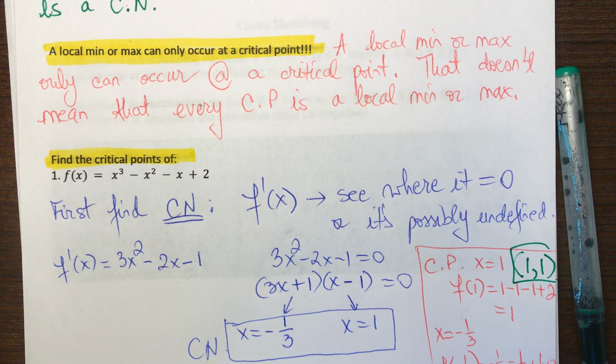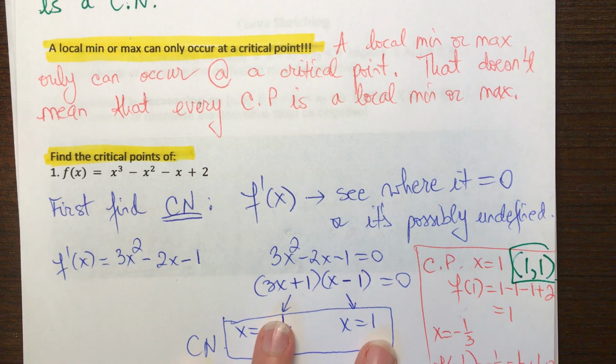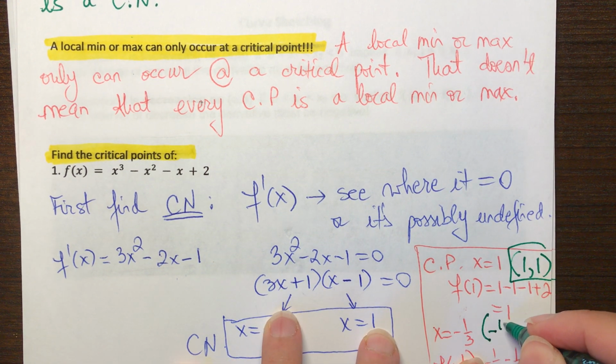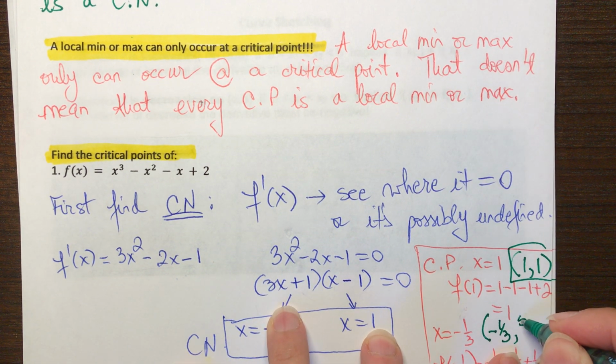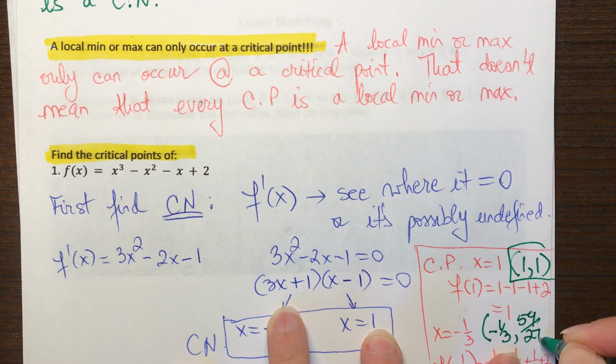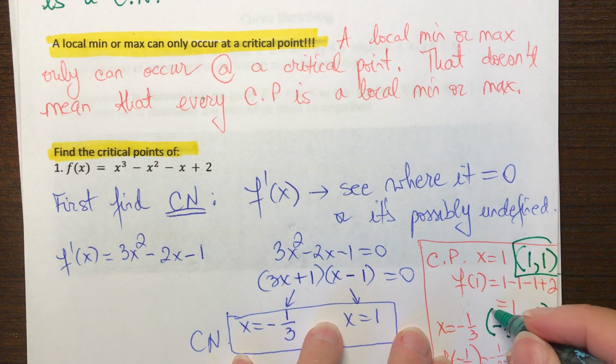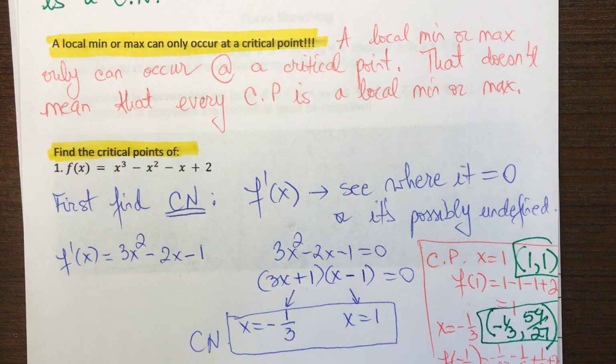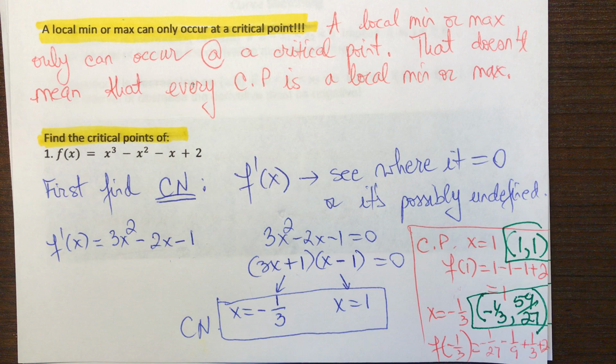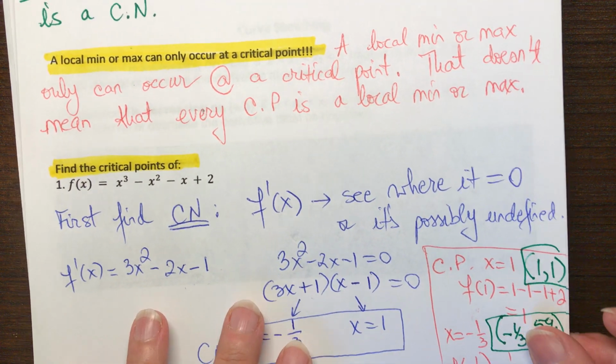The answer is 59/27. Again, put it in your calculator. No problem. So here are your two critical points. So if you have a min or a max in this function, that's where you'll find it. Okay. All right.